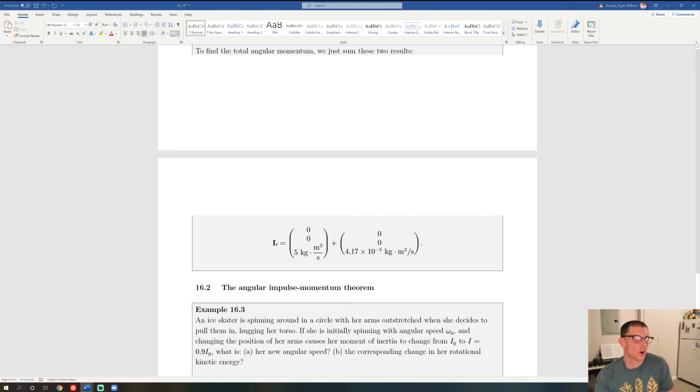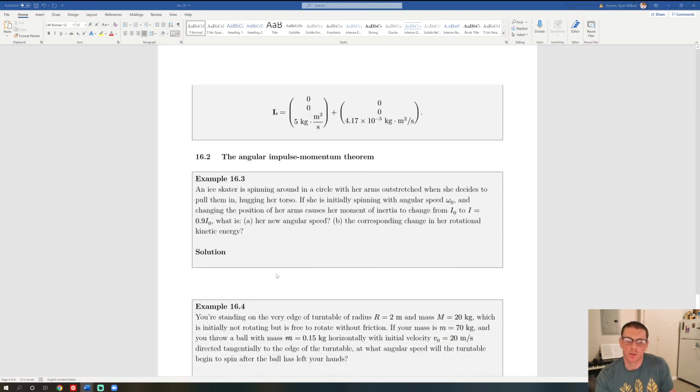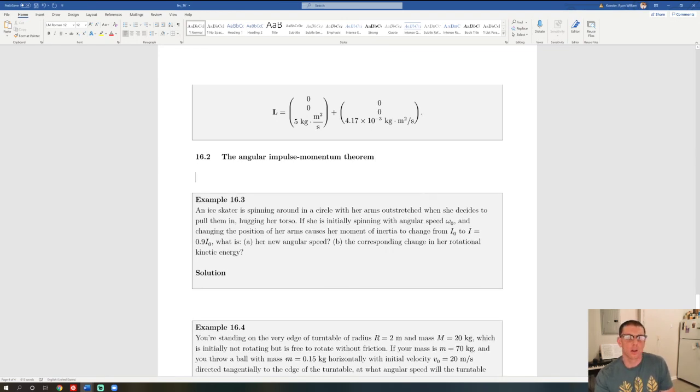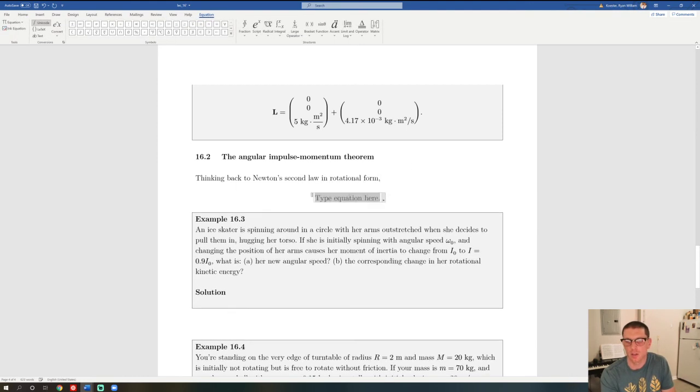Cool. So let's talk about the angular impulse momentum theorem. We're going to think back to Newton's second law for the rotational case now. In rotational form, the sum of the torques, the vector sum of the torques, equals the moment of inertia of an object times its angular acceleration.